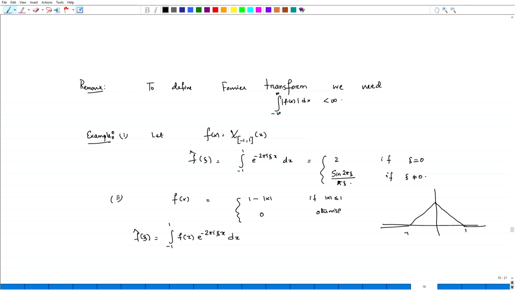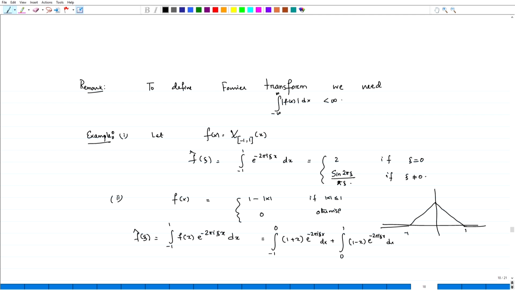Okay. So, the integral from minus 1 to 0 of 1 plus x times e to the power minus 2 pi i j x, plus the integral from 0 to 1 of 1 minus x times e to the power minus 2 pi i j x dx. If we combine these two, with a change of variable, the first becomes the integral from 0 to 1 of 1 minus x times e to the power 2 pi i j x dx, plus the integral from 0 to 1 of 1 minus x times e to the power minus 2 pi i j x dx.